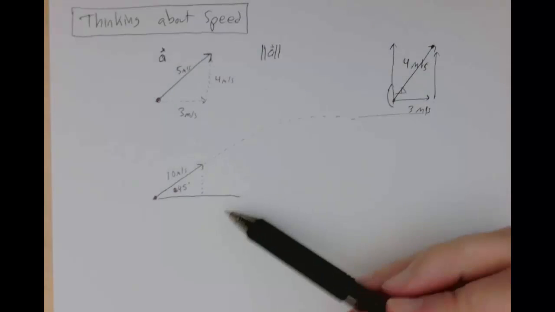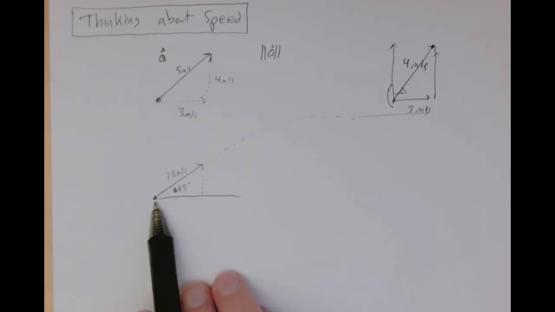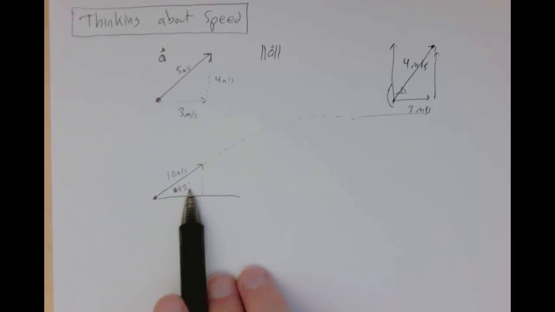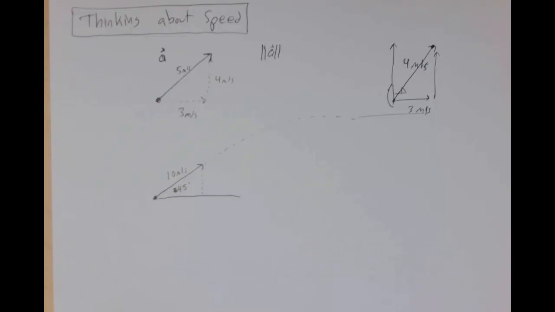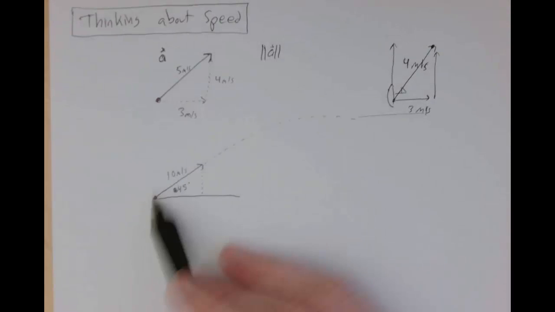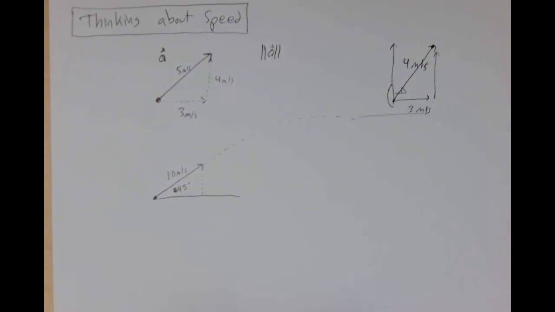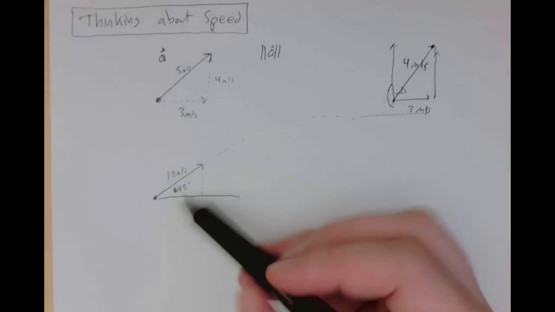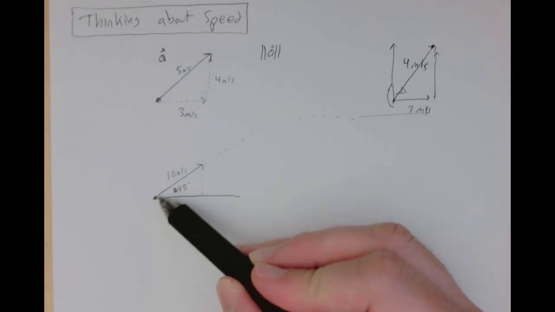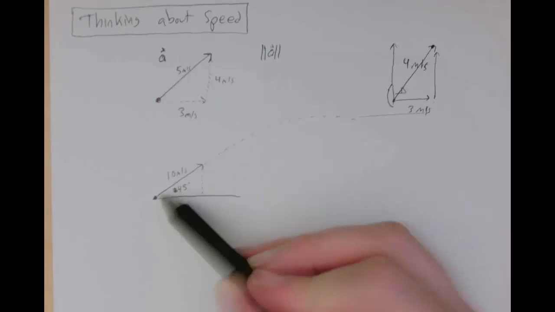Another interpretation of this would be if I launch an object at a certain angle. So let's say I launch something at a 45-degree angle at 10 meters per second. Breaking apart that speed into horizontal speed and vertical speed that are separate from each other. So if I launch it at an angle at 10 meters per second, that means that the length of this diagonal is 10 meters per second.